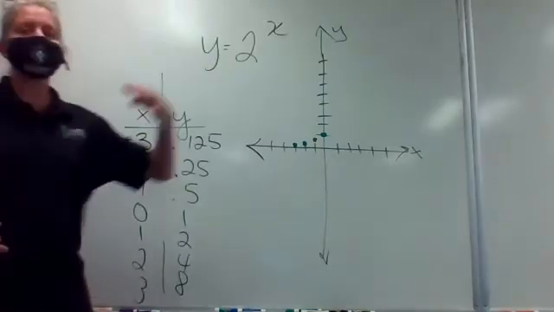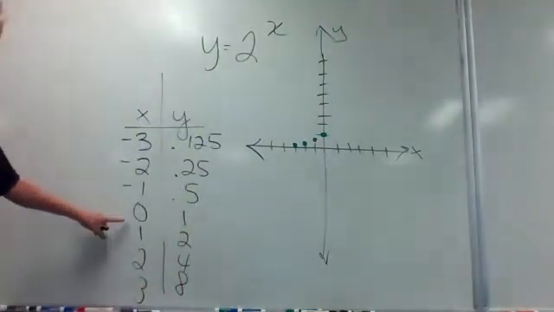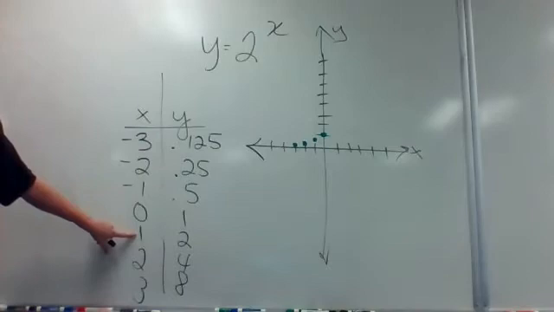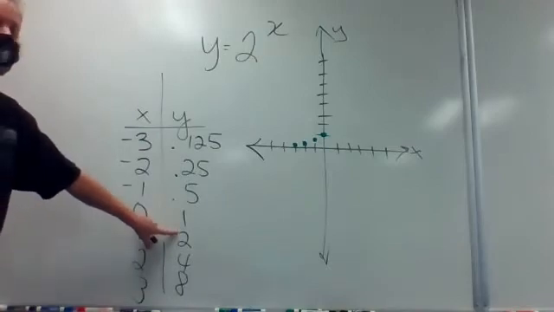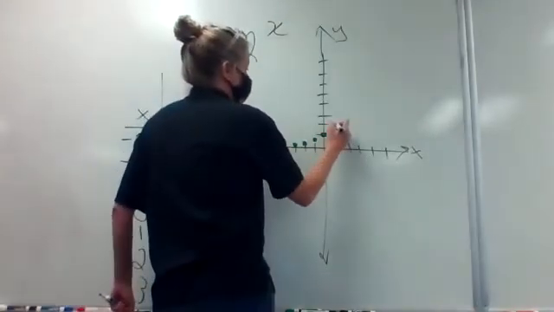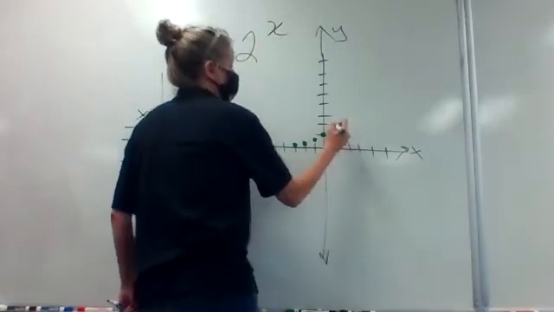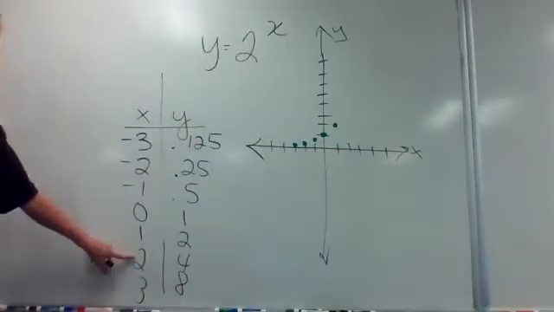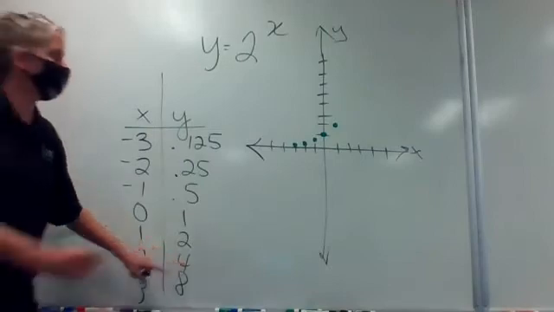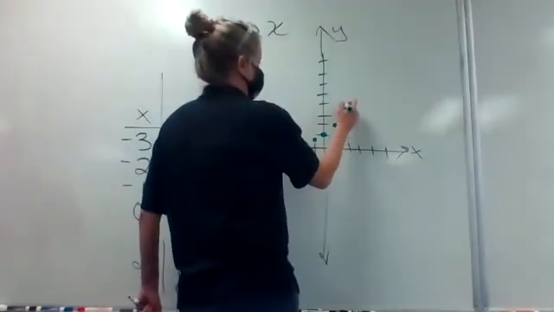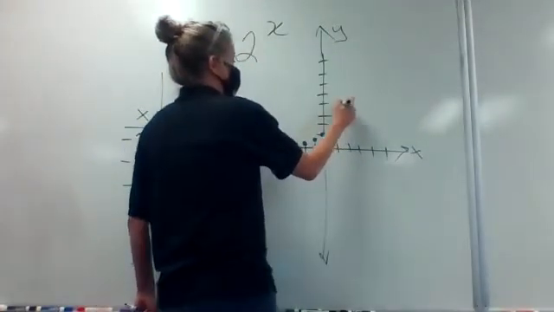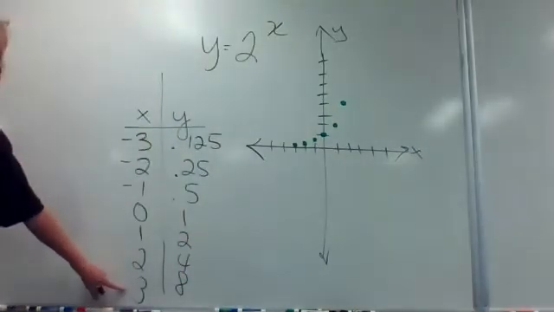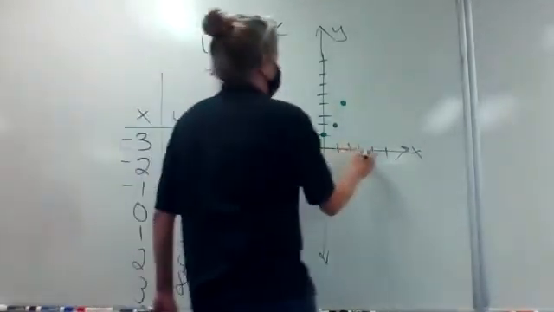Now watch what happens on the other side of the y-axis. This says to go to the right 1 and then up 2. So right 1, up 2. To the right 2, up 4. So right 2, up 4. And then to the right 3 and up 8.